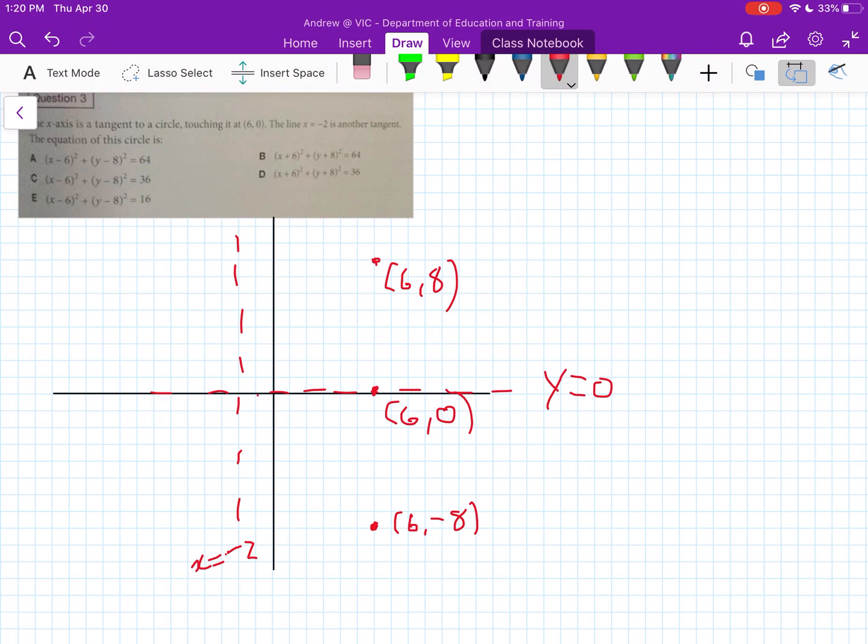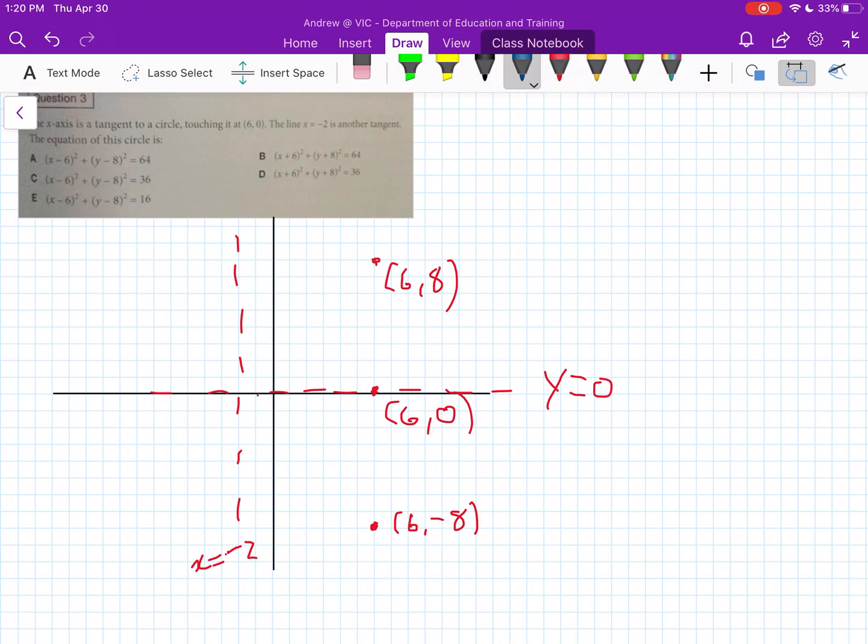So what I've done here is they've told us a tangent is where a line is essentially perpendicular to a point. So if the tangent is y = 0, that means it's going to touch that point there, and that's going to be the edge of our circle. And that there is going to be our bottom or top of our circle.